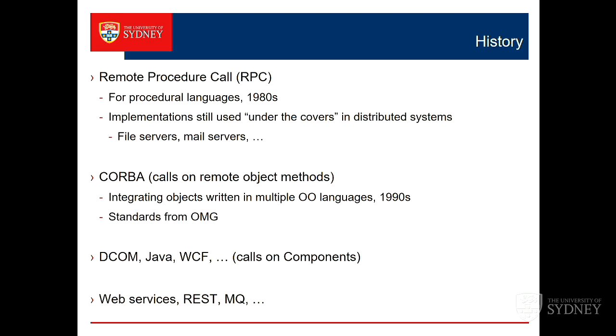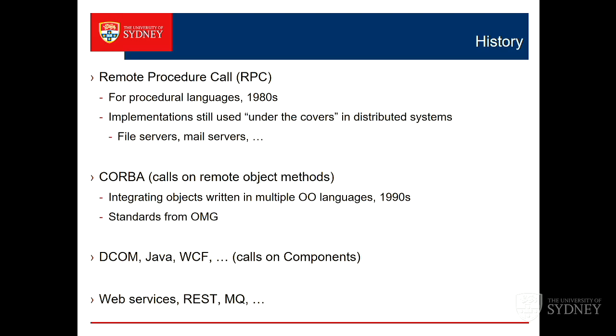And then SOAP morphed into, well, the S in SOAP stands for simple object access protocol, I think. But the S stands for simple. And this is not simple, it's rich.